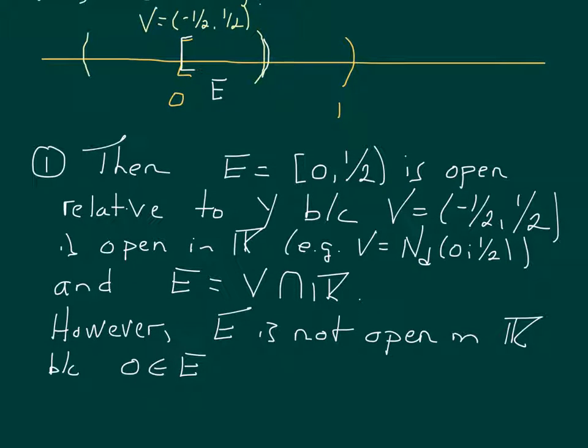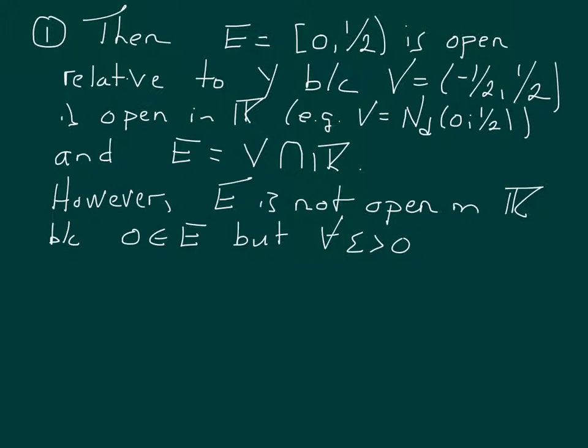But no epsilon neighborhood about 0 is going to be contained in E if we take the epsilon neighborhood in R. For any epsilon greater than 0, we take the epsilon neighborhood about 0, and this is in all of R, so this looks like minus epsilon, epsilon.